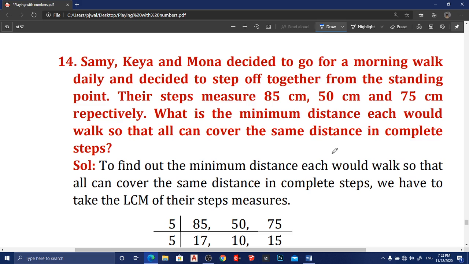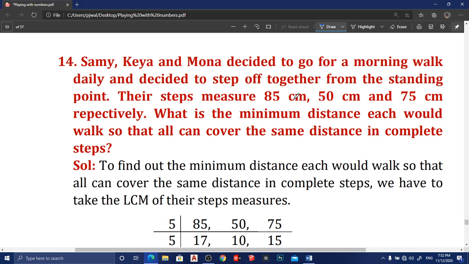They are starting at the same point, and they have started a morning walk, and you have to find out at which place they will meet again, because their step lengths are different.